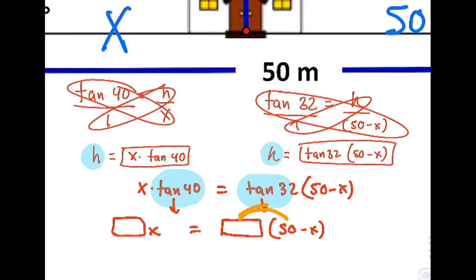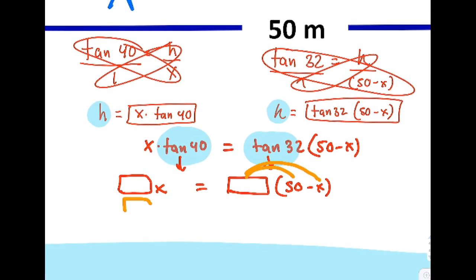This one will require me to distribute. And if I'm going too fast, pause the video. You can shut me up at any time and then push play later. So now I have this decimal times x equals this distribution over here.